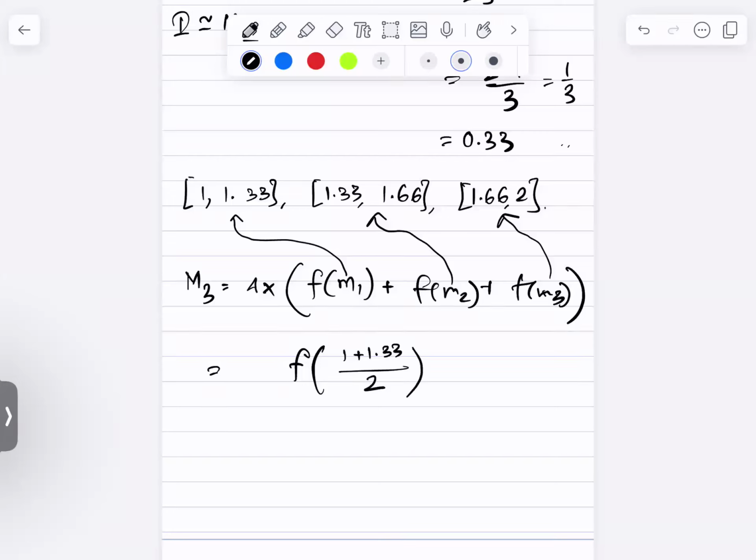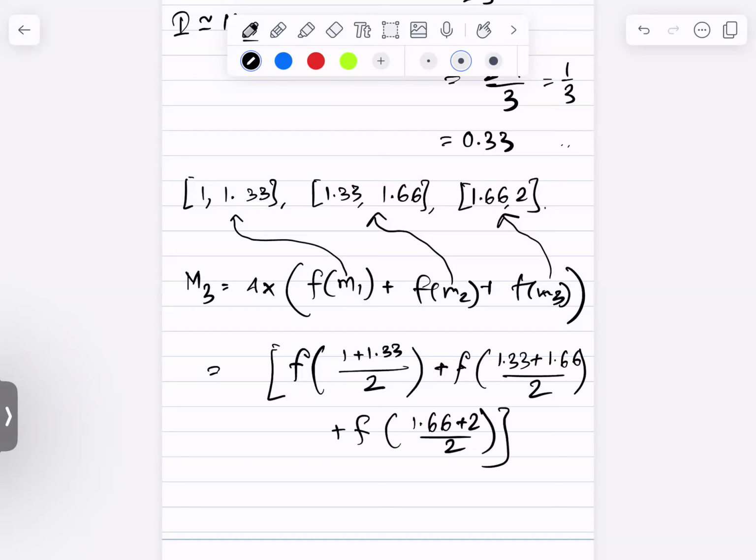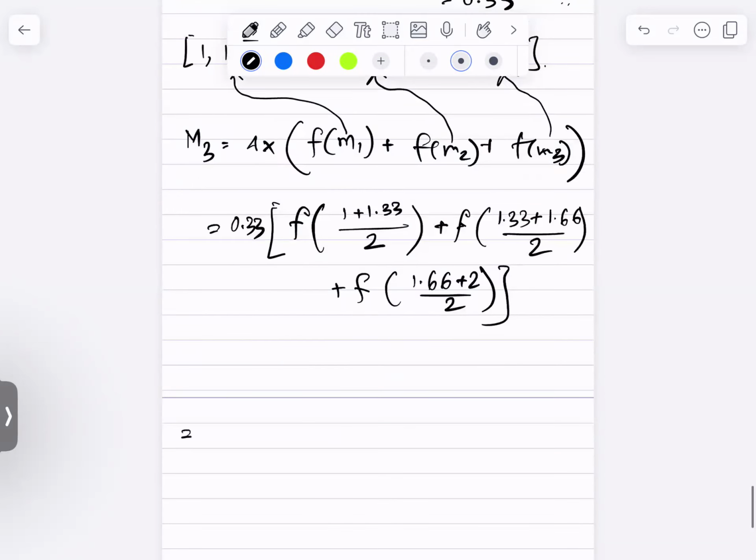That's how you find the middle point of two different points. You add them and you divide it by 2. For the second midpoint, I'll just add 1.33 and 1.66 and then divide by 2. For the third, I'll add 1.66 plus 2 over 2. And there is 0.33, the factor outside.